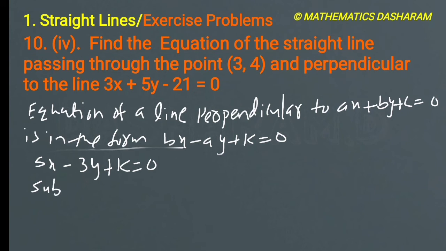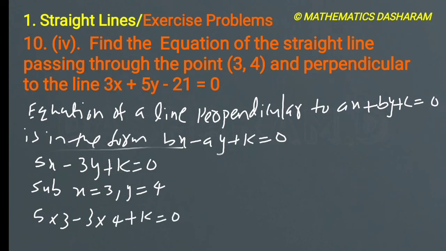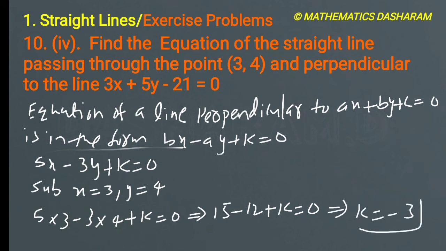Now substitute the x value 3 and y value 4 because it is passing through the point 3 comma 4. Then 5 into 3 minus 3 into 4 plus k equals to 0. So it implies 15 minus 12 plus k equals to 0. So 15 minus 12 is 3, and k value is minus 3.